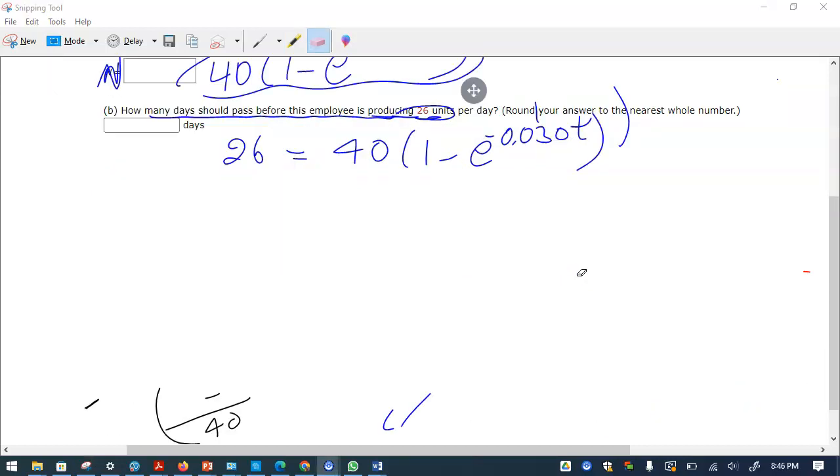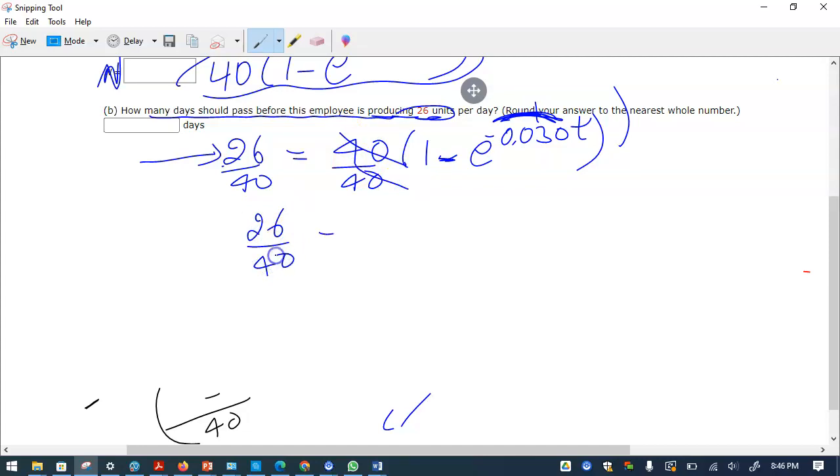It's the same thing, except that last time they gave 18 and we had to figure out k, so everything is exactly the same. The first thing is to divide by 40, so this goes away and you're left with 26 over 40. Let me show all the steps so that you never get confused.